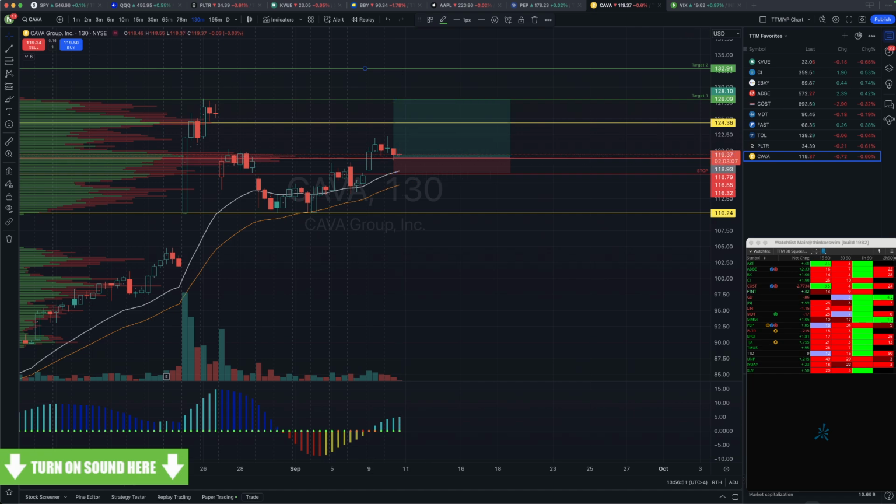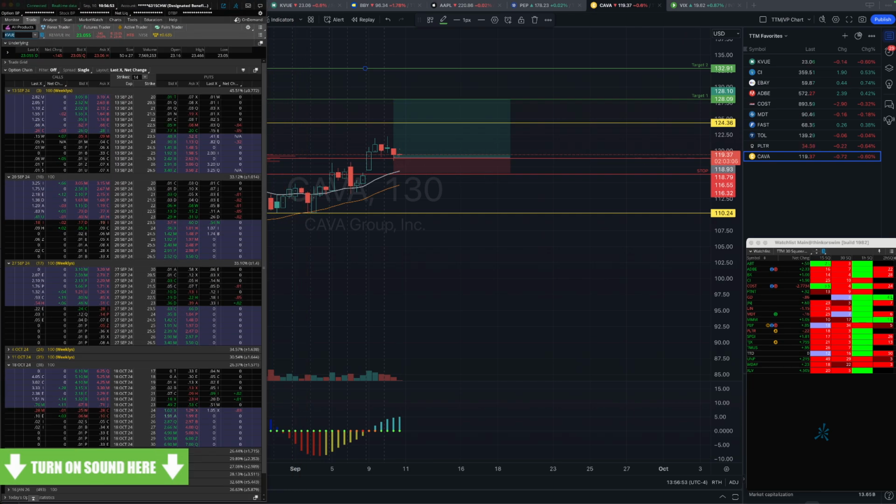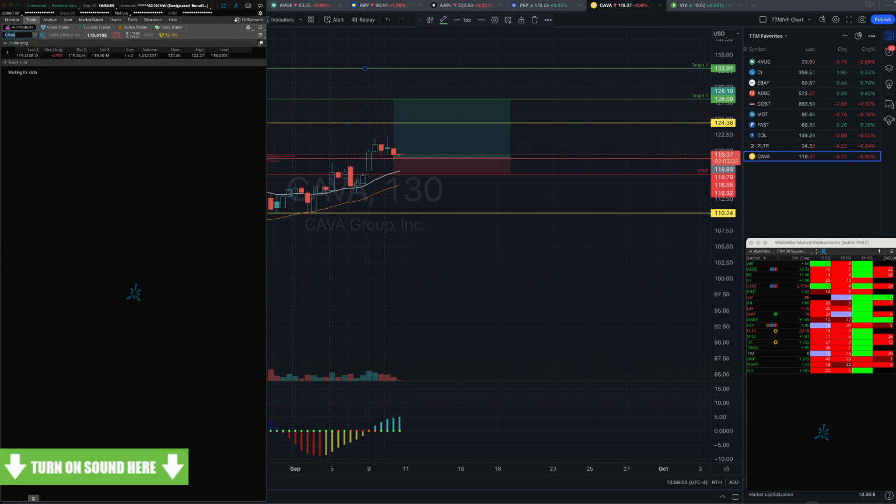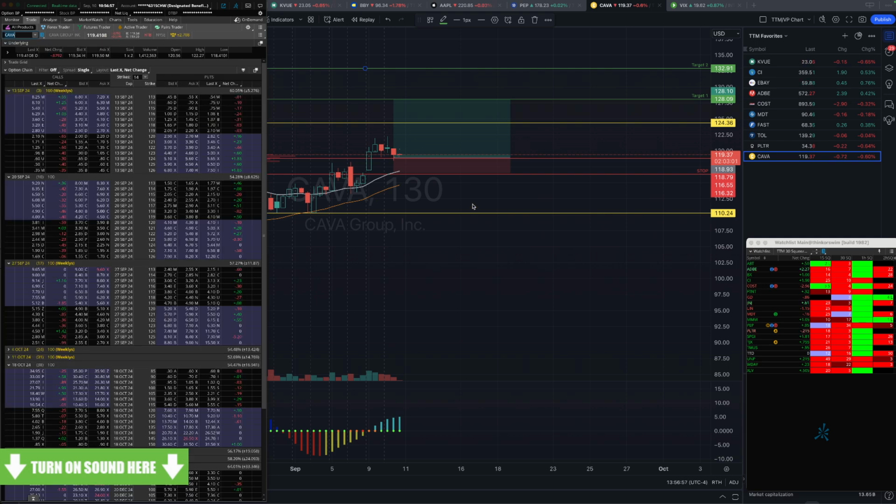So if I'm going to come over here and look at Kava, right, we're looking at this on a, what is this, a 130 chart. So I'm going to go out, at the very least, 10 days. I like these 120s.